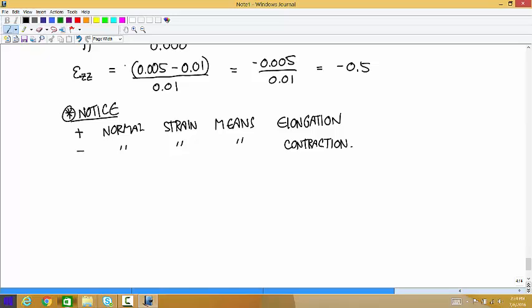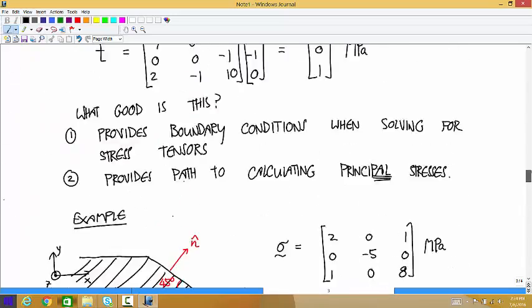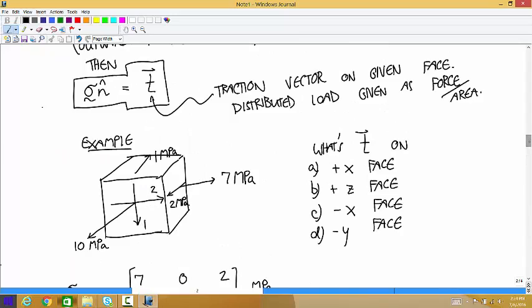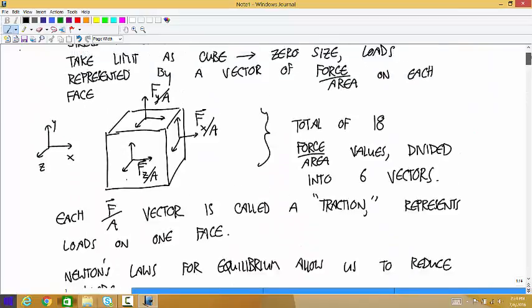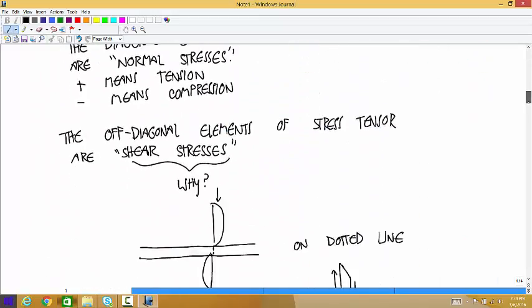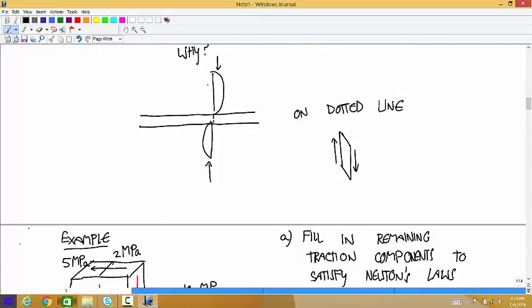Okay, so these shear strains, I drew a picture earlier of why you call them shear stresses, where the word shear comes from. When you apply a shear stress to a material point, you push one side up and the other side down, and the effect of that pattern of loading is to deform the material so that the angles change, like I drew it here.